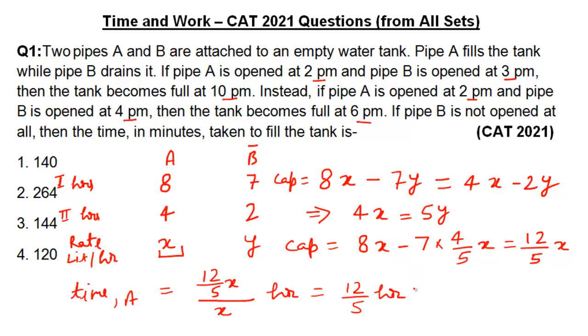So you have to convert this into minutes. So 12 by 5 multiplied by 60 will be 12 into 12, 144 minutes. So 144 minutes is the answer. Option 3 is correct.